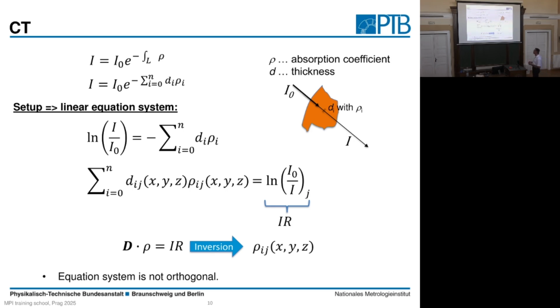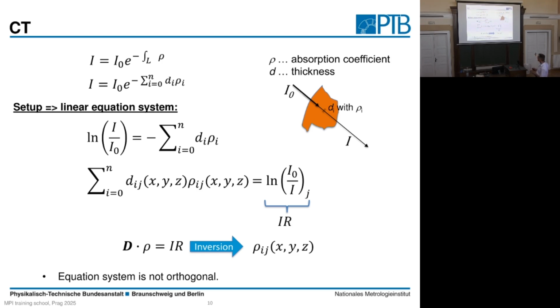We do this by first dividing the starting intensity to the other side, and then we take the logarithm of this equation. This is what we measure, the upper part, so it becomes our right-hand side, and logically I put it on the right side.